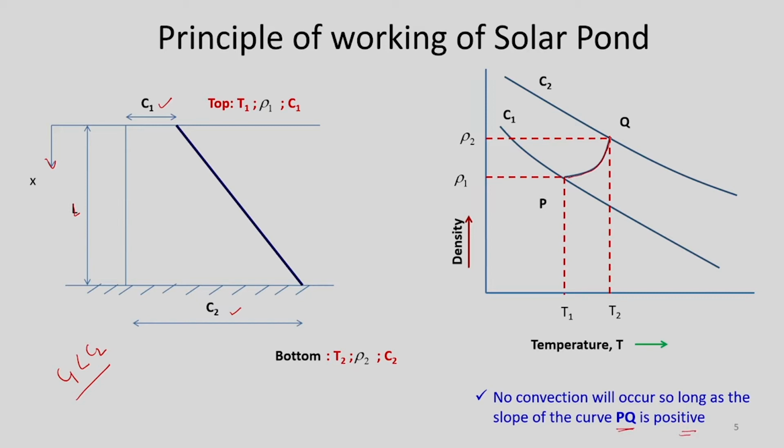If this curve is positive, convection will not occur, so there will be a concentration gradient, which is required for a solar pond. Mathematically, we can represent this as d rho by dx greater than 0. That means the density at the bottom layer is always more than that of the layer just above it.